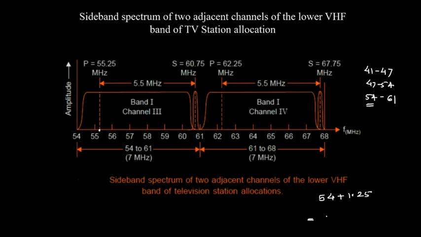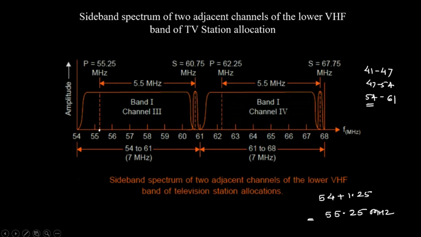So this is 54 plus 1.25, so your picture carrier will be at 55.25 megahertz. Similarly, you can see your picture carrier here. The next one is the sound carrier, 5.5 megahertz away from the picture carrier.